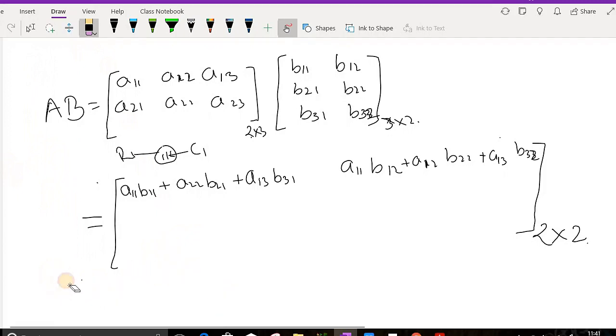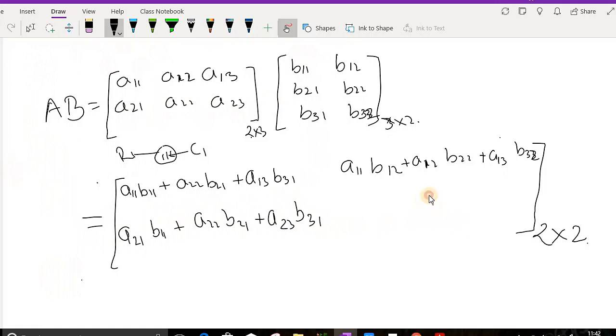So this will be A21 B11 plus A22 B21 plus A23 B31.